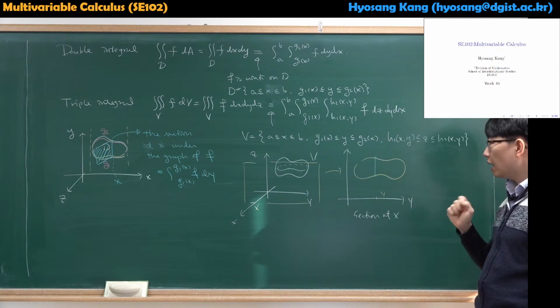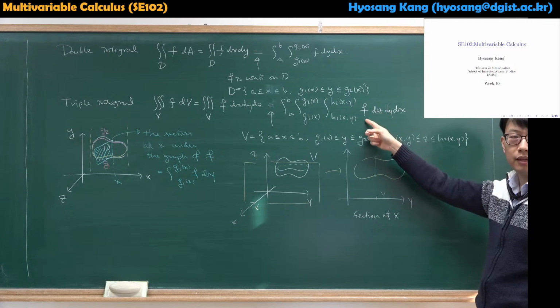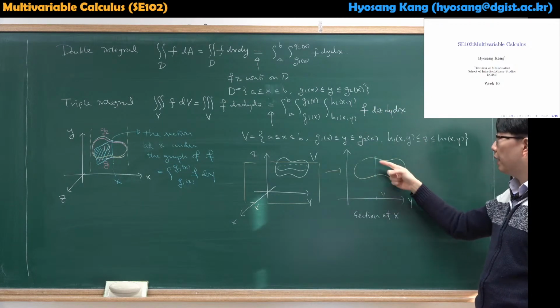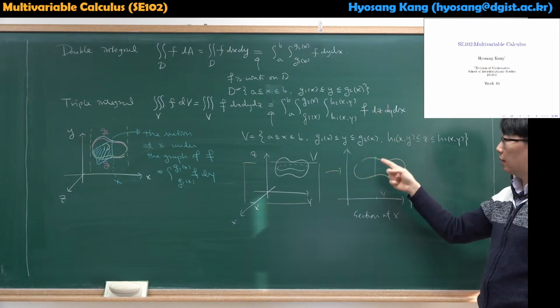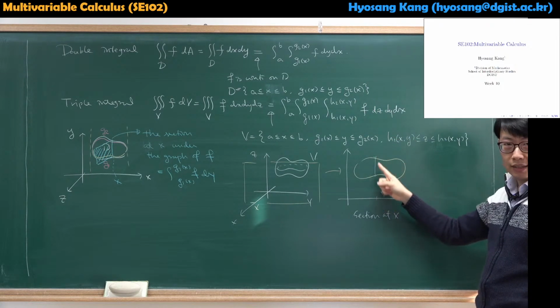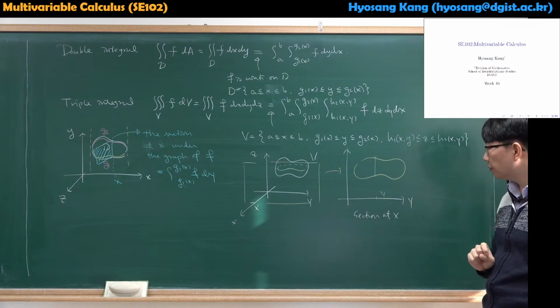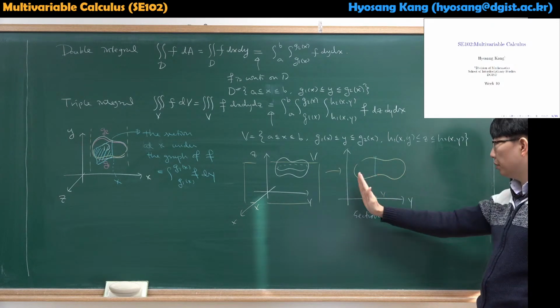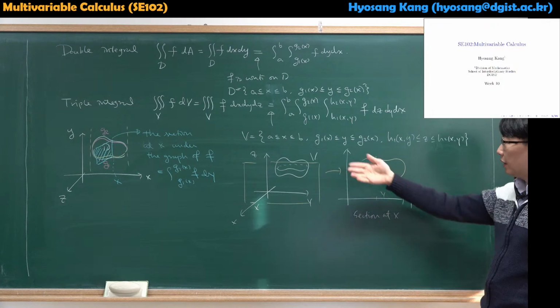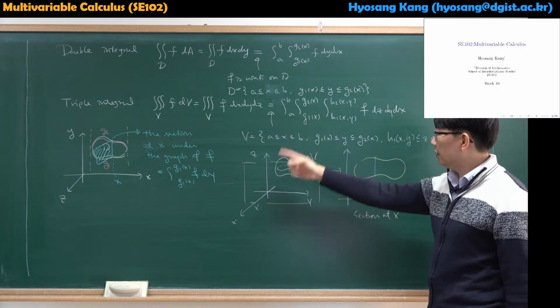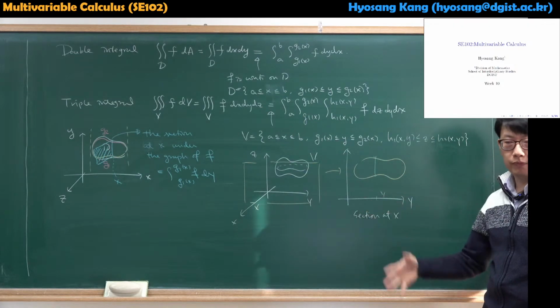If you think about this function as the density at the point in three-dimensional space, when I take the integration over this line, I get the mass of this line. And then I take the integration over y, I get the mass of this section. And then if I take the integration over x at the end, I get the mass of this volume V.